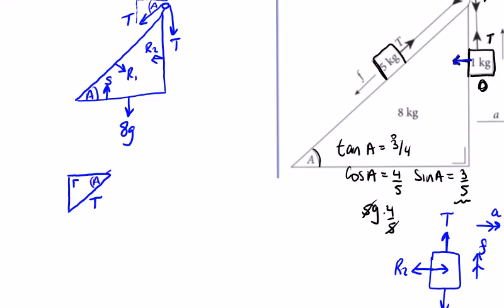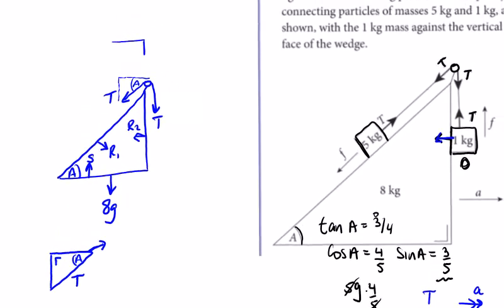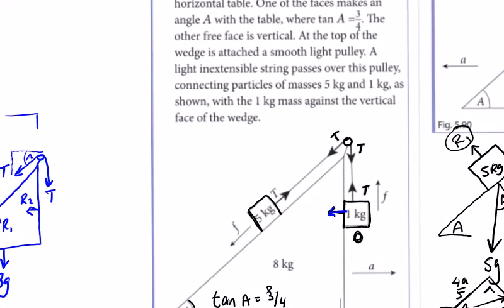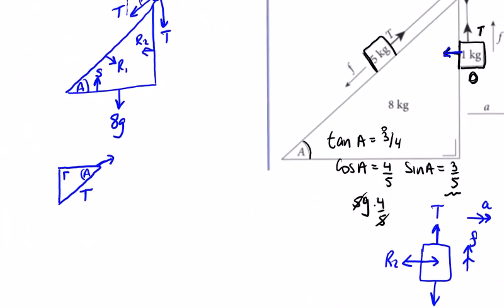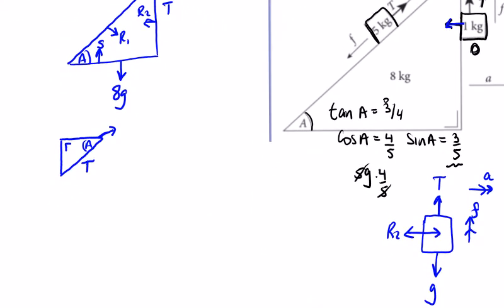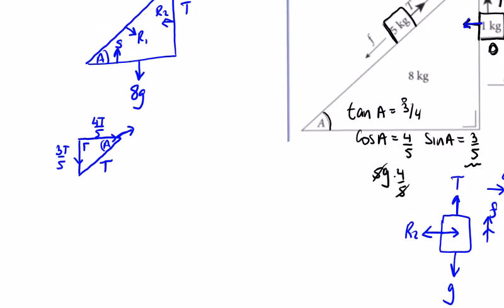So I've cos along this side. So this side is going to be, what do we get for cos? Do we write that down? Tan A is 3 over 4, cos A 4 over 5. So we're going to have 4/5 of T along here, the top part. So 4T over 5 and 3T over 5, the sine part along the vertical. So that's the T part at the top of that triangle.